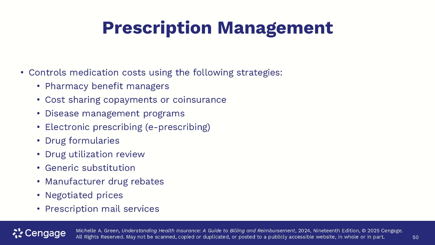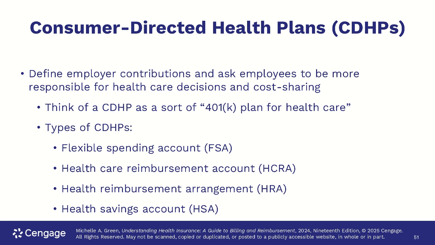So, as part of this management process, they're negotiating prices. They're looking at generic versus brand names, and insurance companies have what's known as a formulary, which basically shows what they will and will not cover. And sometimes the doctors don't figure this out until the patient goes to the pharmacy to get the prescription, and then the pharmacy says, oh, well, that medication is not covered by your plan, and if you want it, you got to pay for it.